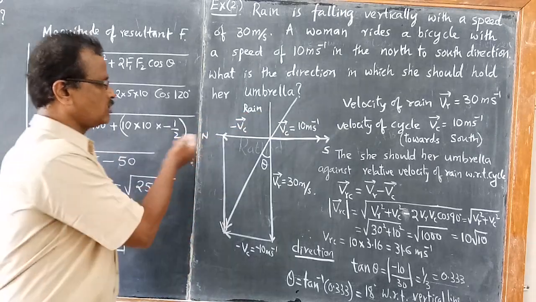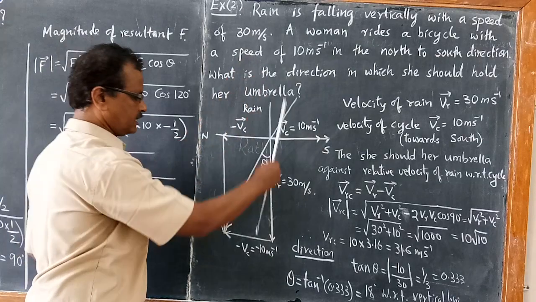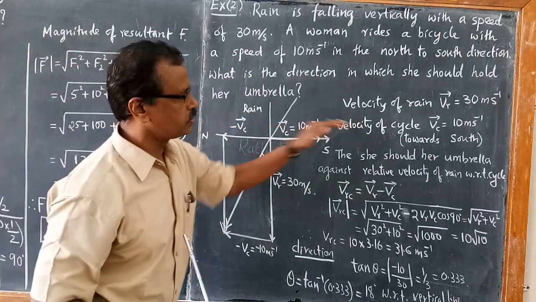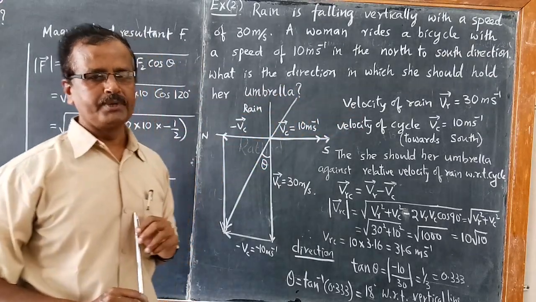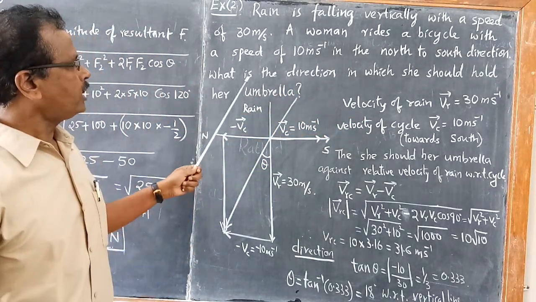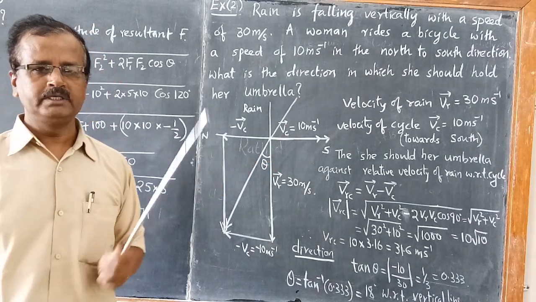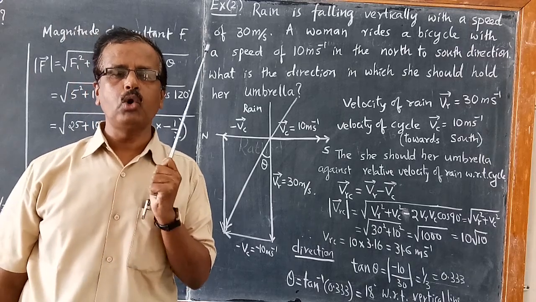Let us say this is north direction and this is south direction. Rain is falling vertically downwards and she is moving towards south with 10 meter per second speed. What is the direction in which she should hold her umbrella now?